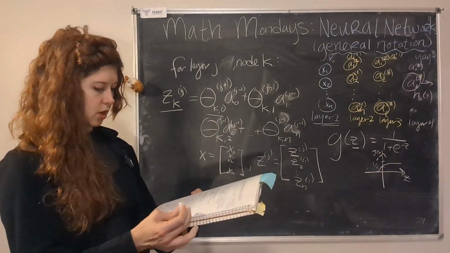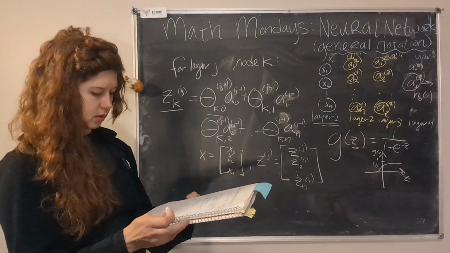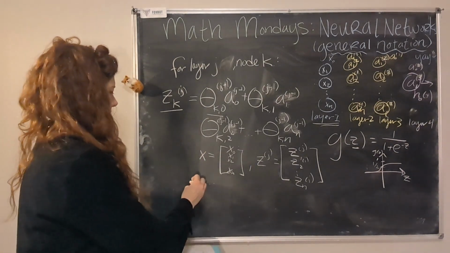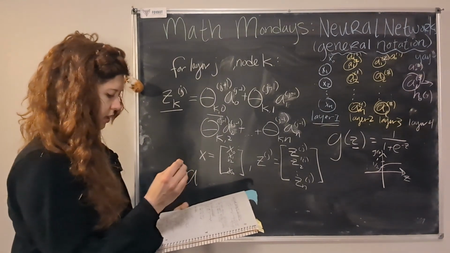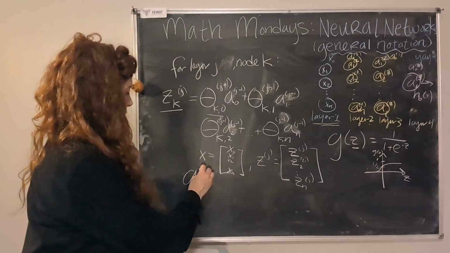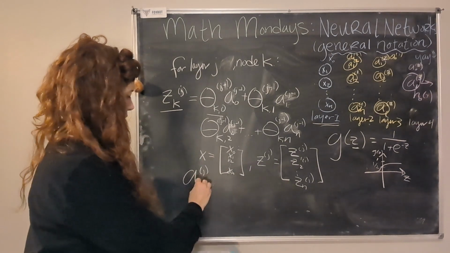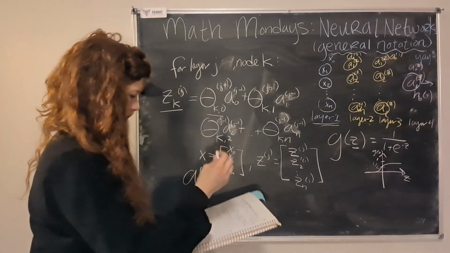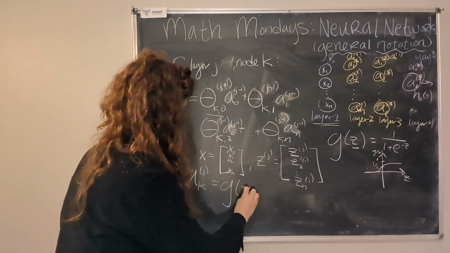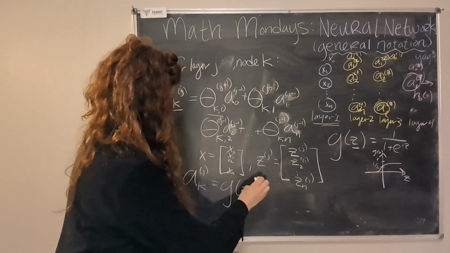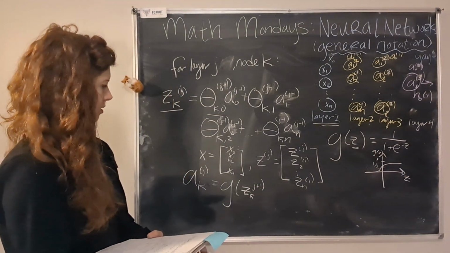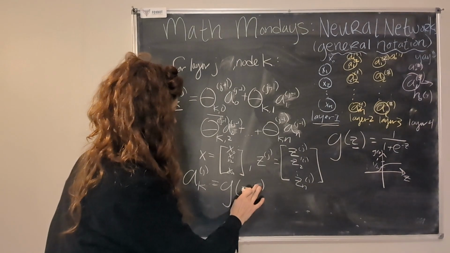We can basically then say that the equation for a particular node, we'll just say node k, equals the sigmoid function of that node, or j plus 1. Wait, sorry. J.